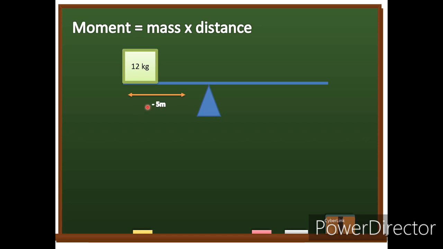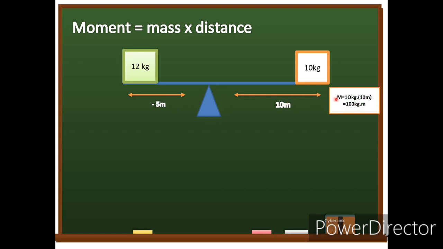This became negative because it is located on the left side; when we graph, this side is negative. Our second object has a 10 kilogram mass and is 10 meters away from our fulcrum.